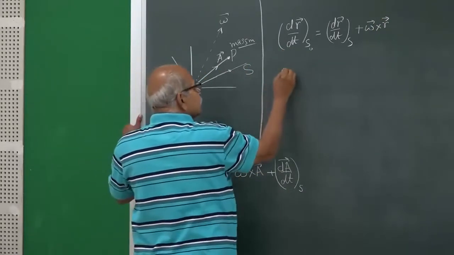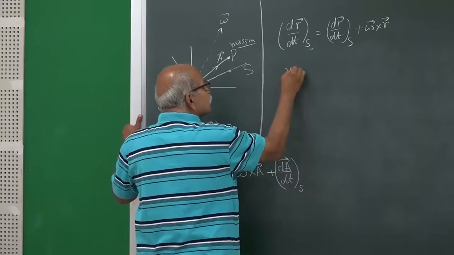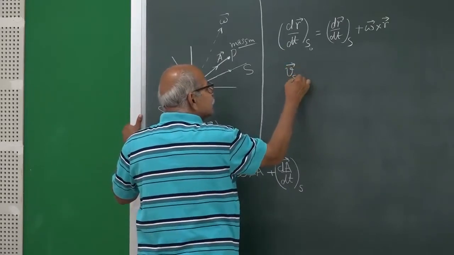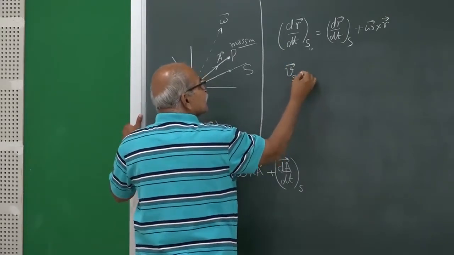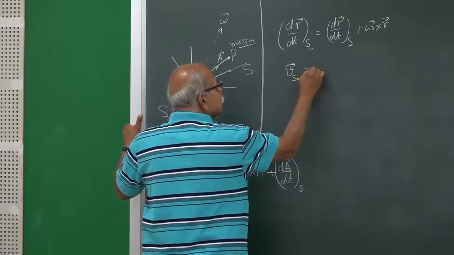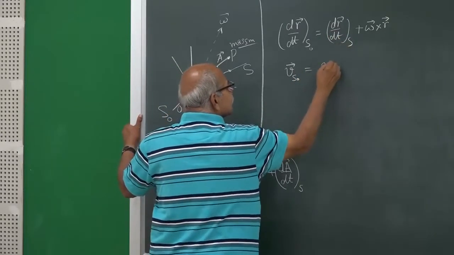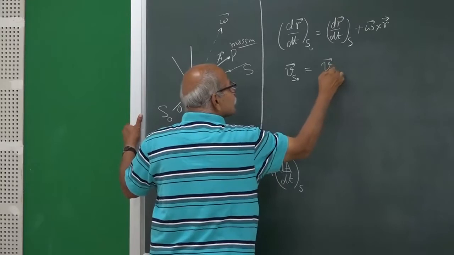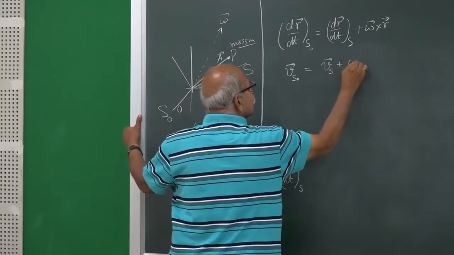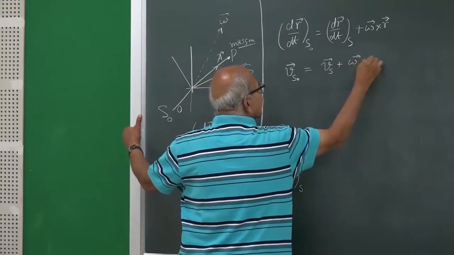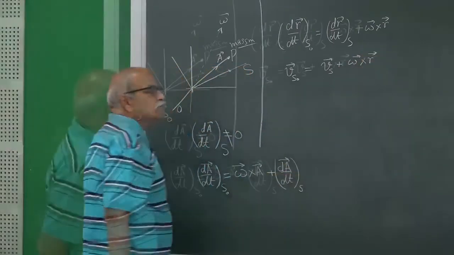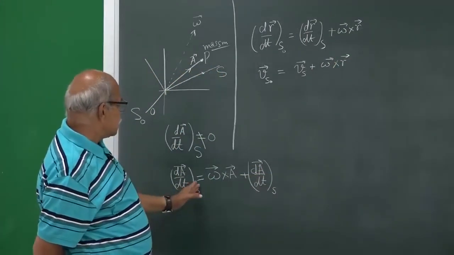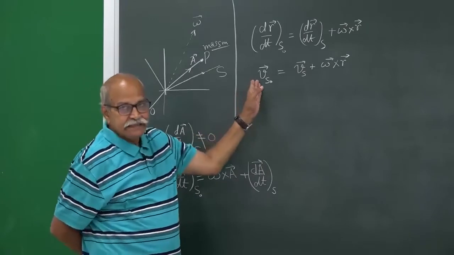So, the velocity of the particle in S naught is equal to the velocity of the particle in S plus omega cross r. So, now we will apply this equation on the velocity itself.